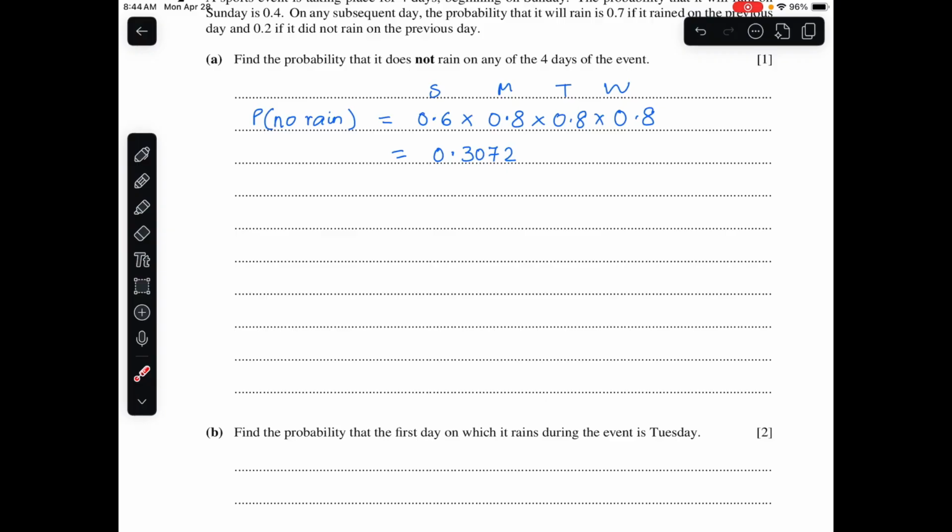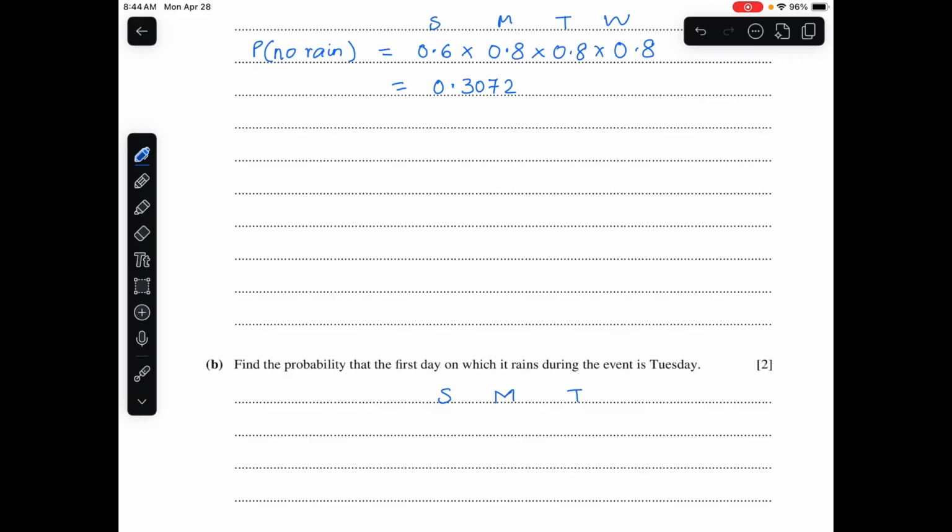Find the probability that the first day on which it rains during the event is Tuesday. So we begin the event on Sunday, then we have Monday and Tuesday. We know that it should rain on Tuesday. It means that it doesn't rain on the previous 2 days. So it doesn't rain on Sunday, so 0.6.